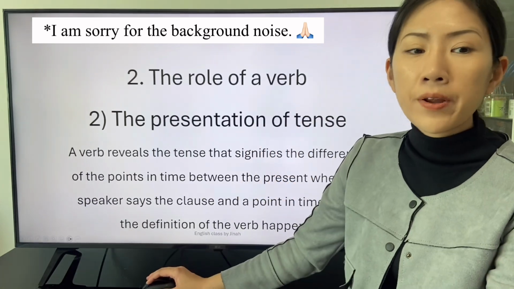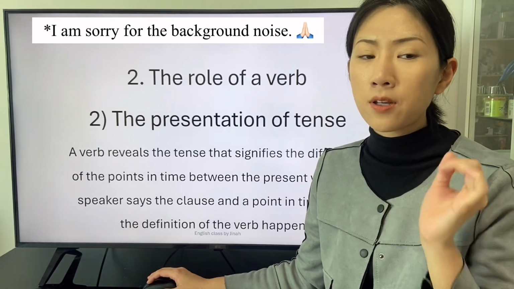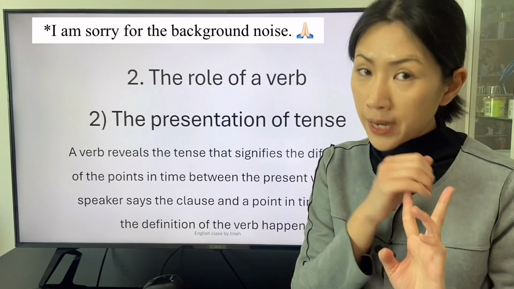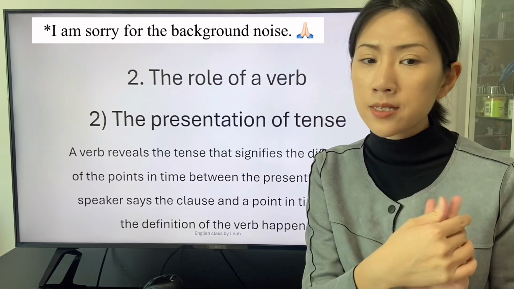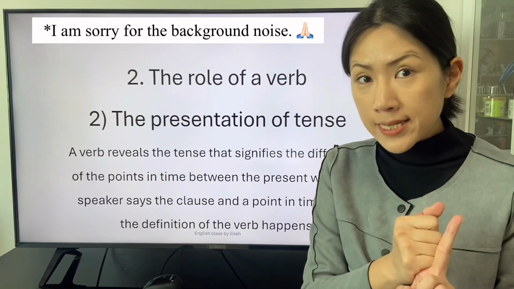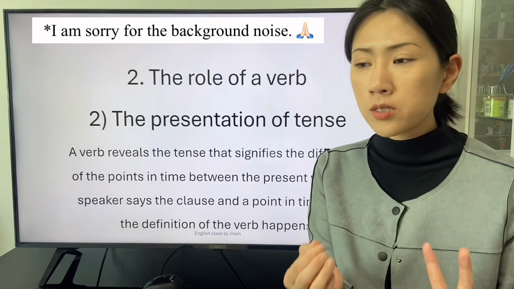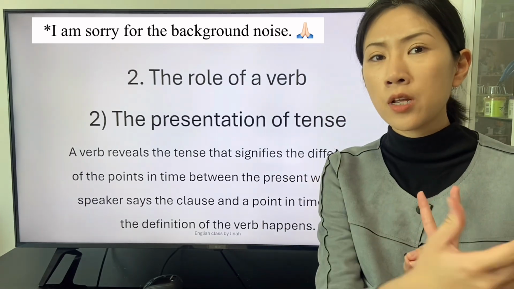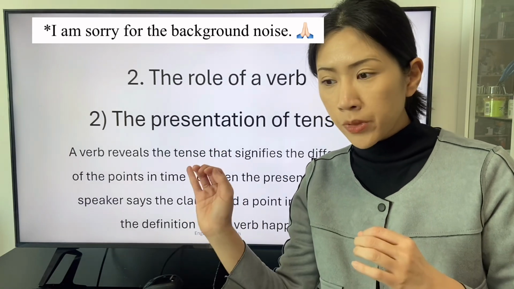A verb reveals the tense that signifies the difference of the point in time between the present, when the speaker says the clause, and a point in time when the definition of the verb happens. So the present is important because the speaker and the listeners communicate in a conversation of the present.